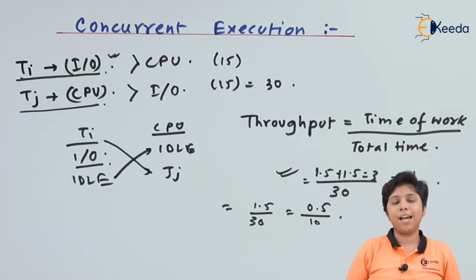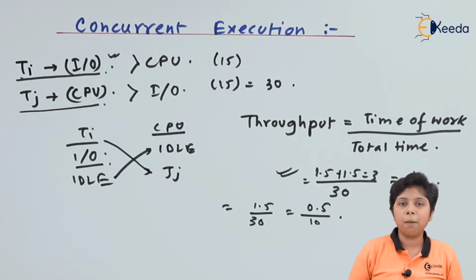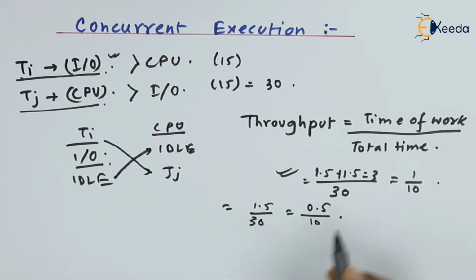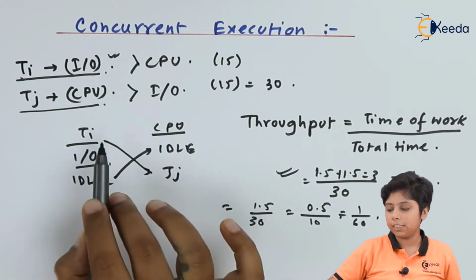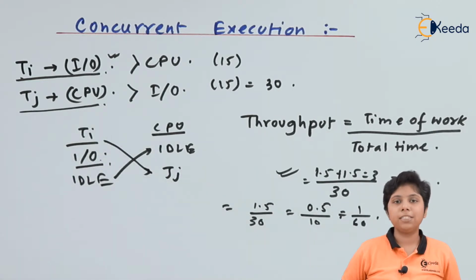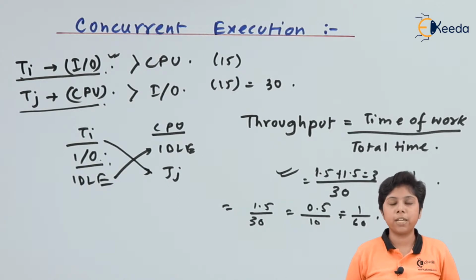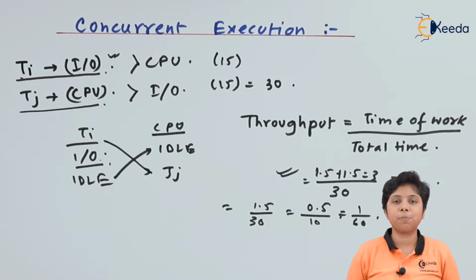So we can have an increased throughput and also increased CPU utilization. The CPU is utilized more, because while TI is performing its IO, TJ is not wasting CPU cycles, which is very expensive. So now it becomes less expensive too.